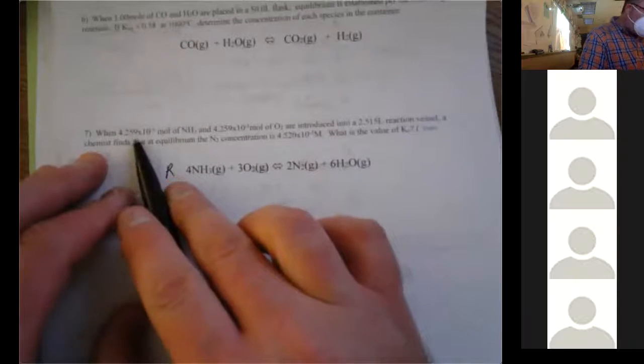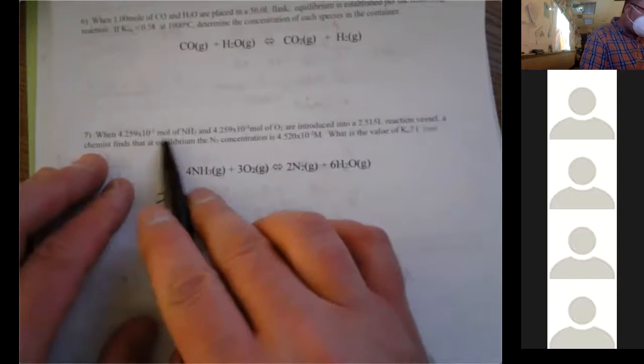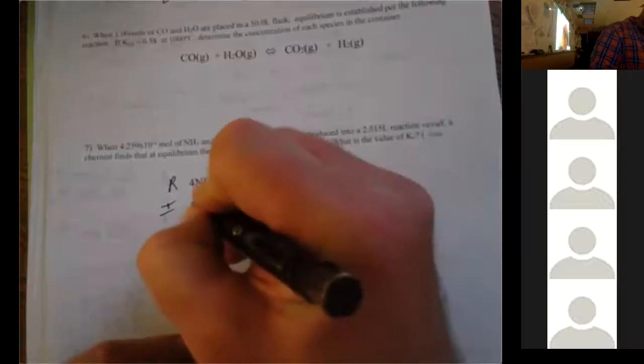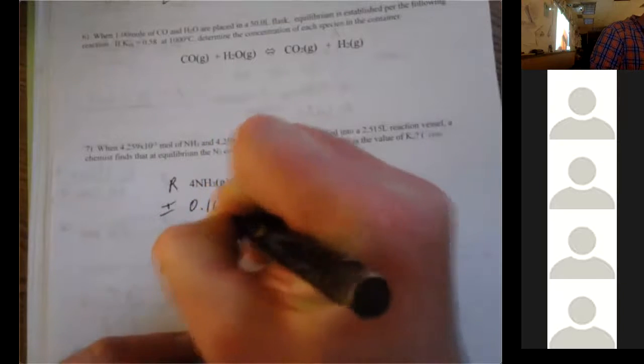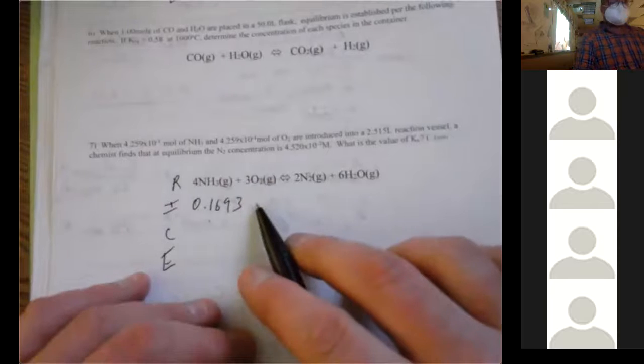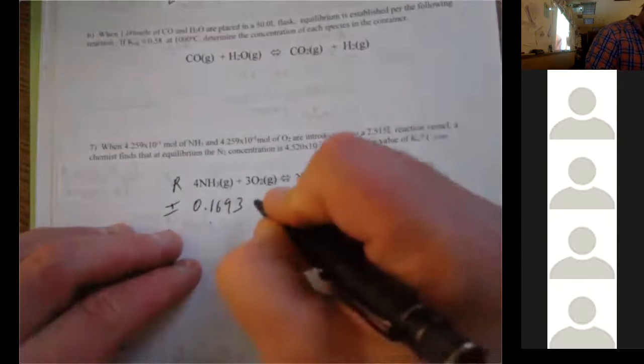We have 4.259 times 10 to the negative first moles, and it's a 2.515 liter solution, so 0.4259 divided by 2.515. It's about 0.1693. That's the initial for NH3, and it would be the same for the initial of O2.